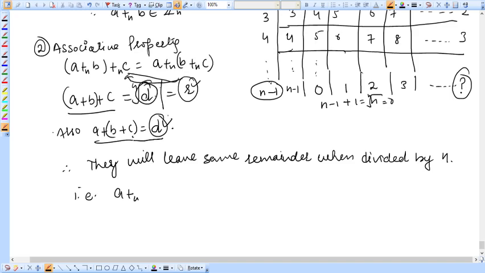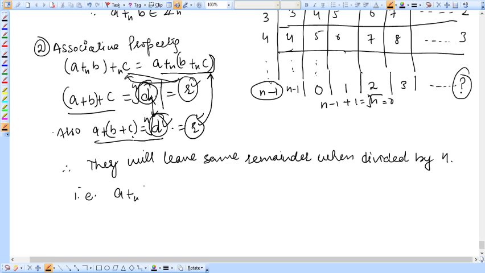So when d is divided by n, we get remainder r again, because this d and this d are quite the same. So this r would be the number which we are going to get through the second addition modulo. Therefore both these will be equal, right?